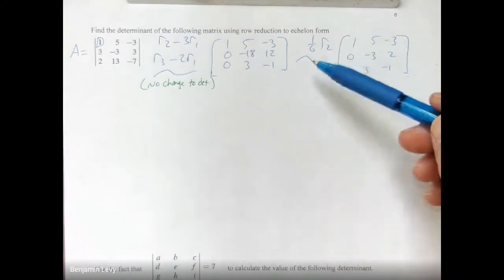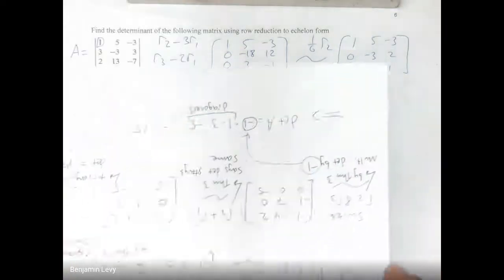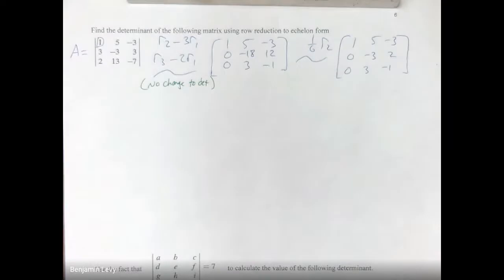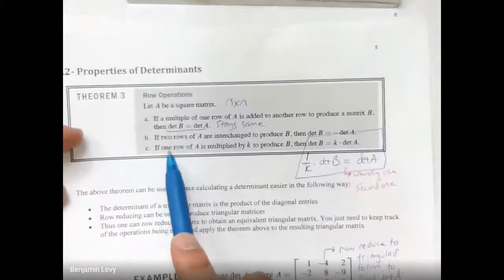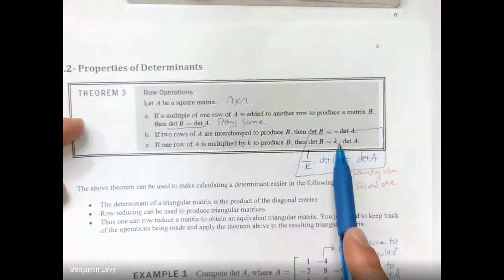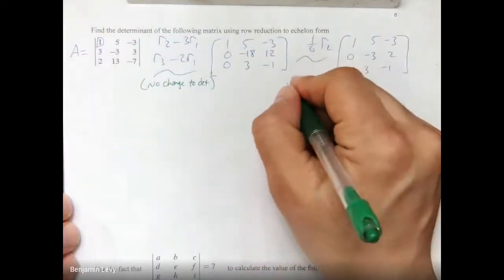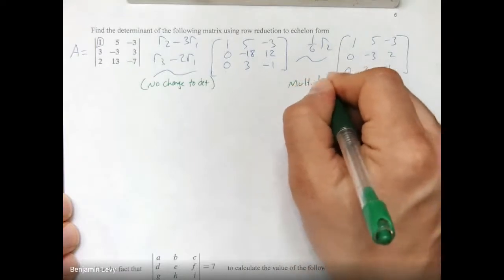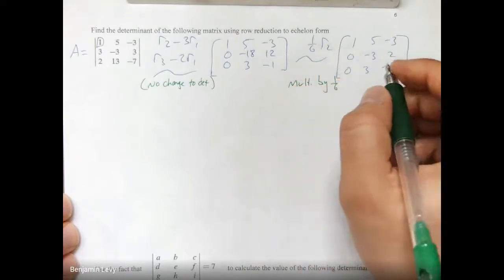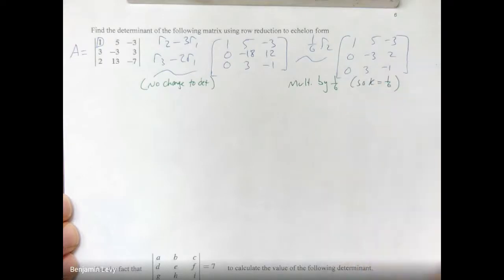But before I do that, I realize I multiplied a row by a number. And part C of the theorem on the previous page says if we multiply a row by a constant, we need to account for that in our determinant. And so what we did here is we multiplied by 1/6, and so k in the theorem is 1/6.